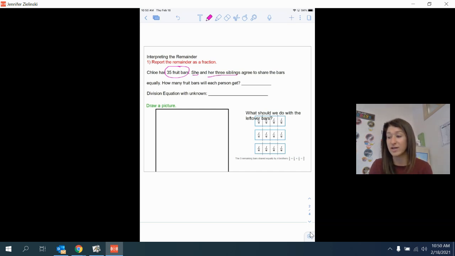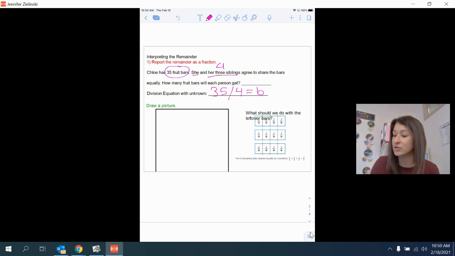So we need to make sure that we have not just 3, but 4 people sharing bars. How many fruit bars will each person get? So if I think about my division equation, I'm going to have my 35 and I'm going to divide it by 4, and I'm going to put B for bars as my equation. What should we do with the leftover bars?